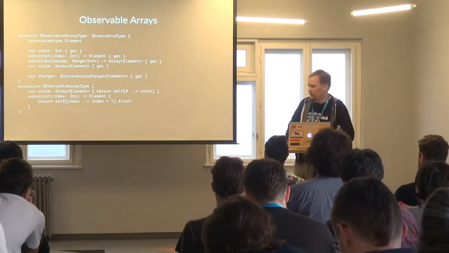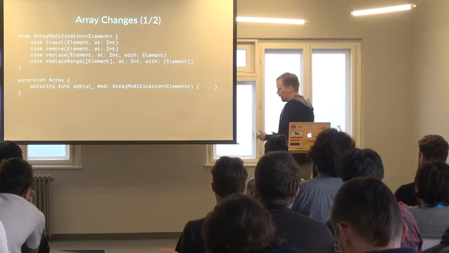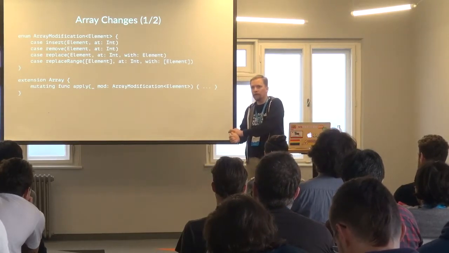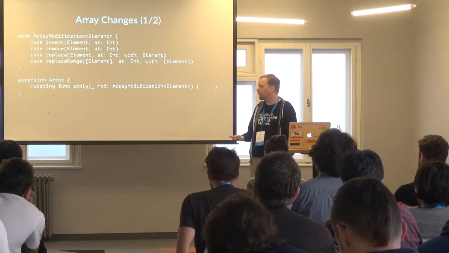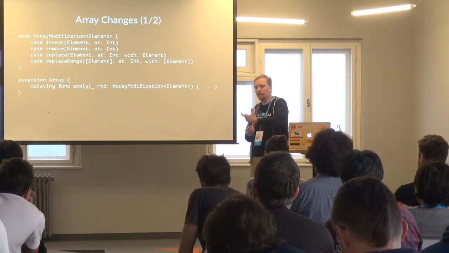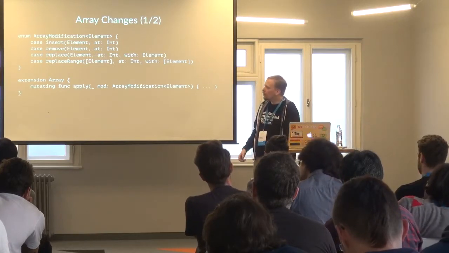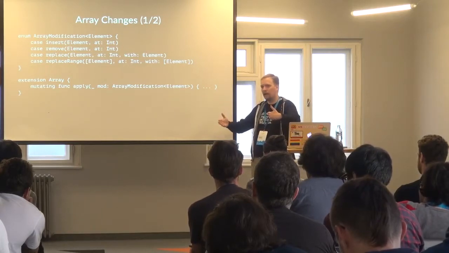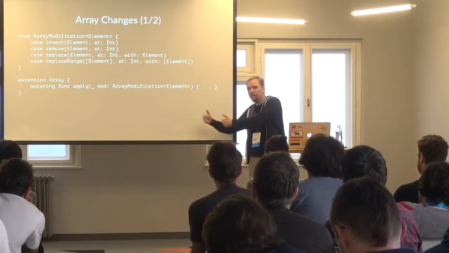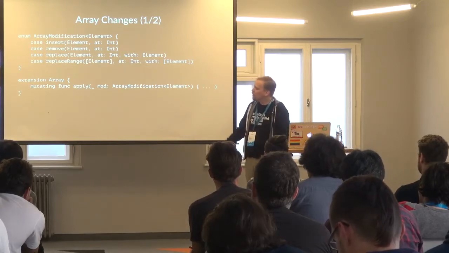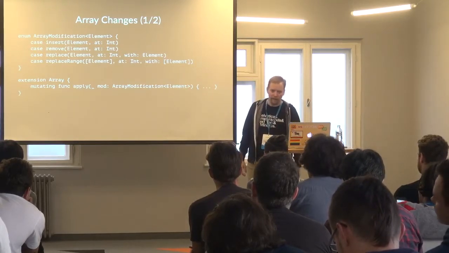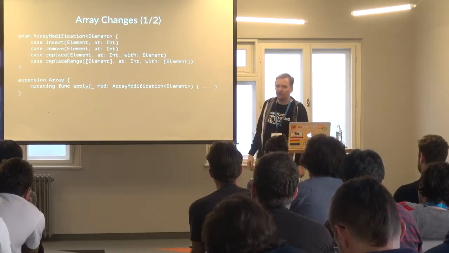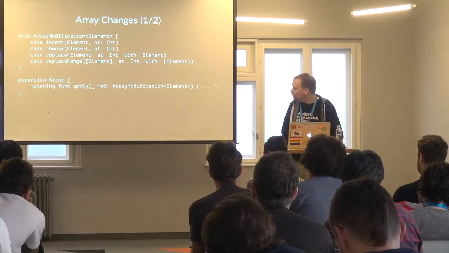So the basic modification inside an array, the atom for a change, is either an insertion at a certain index, a removal from a certain index, replacing an element at a certain index with another one, or in the most general case, just taking a sub-range of elements starting at a particular index and replacing them with a sequence of other elements, which may not have the same length. Obviously, this covers the other three as well. I like to keep them separate because it looks better in debug output.